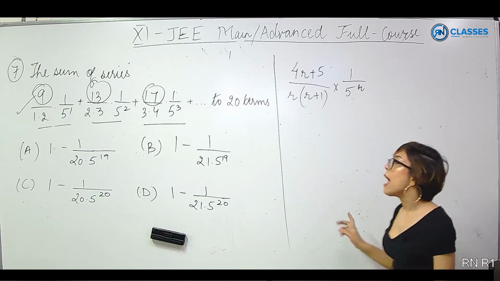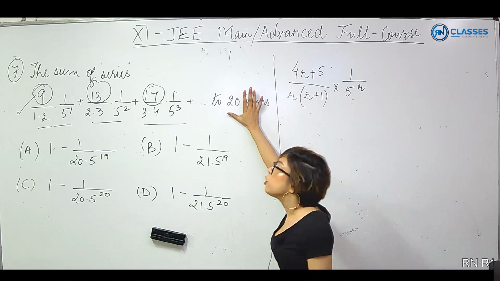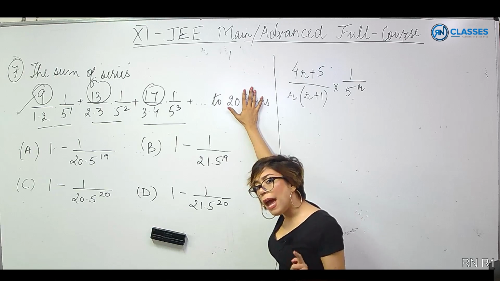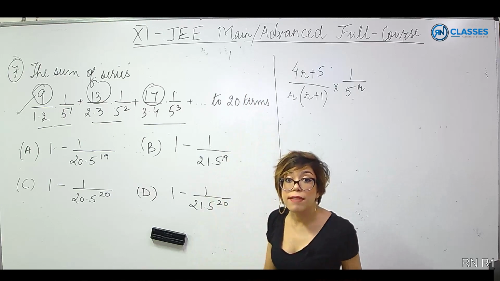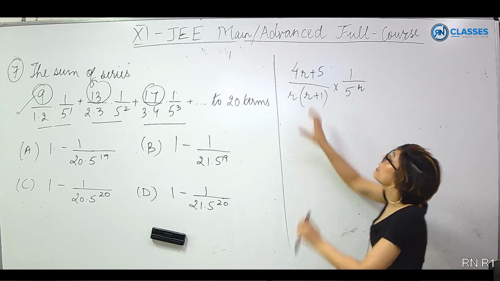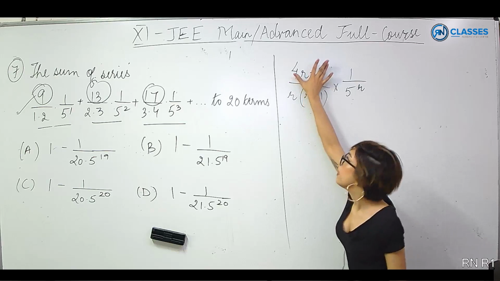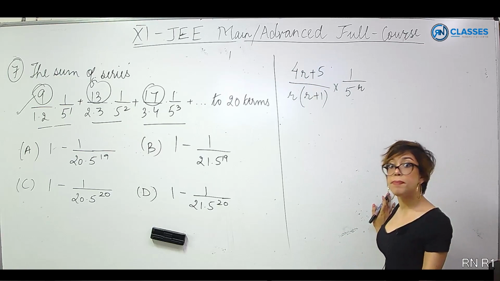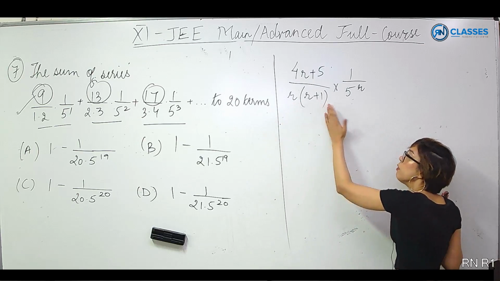Now the thing is, I need to add this up, so I need to utilize the telescopic sum. For a telescopic sum to happen, I need two things: consecutiveness and difference. Obviously the difference needs to be created in the numerator, and obviously I will not be taking random factors. It has to come from somewhere over here.